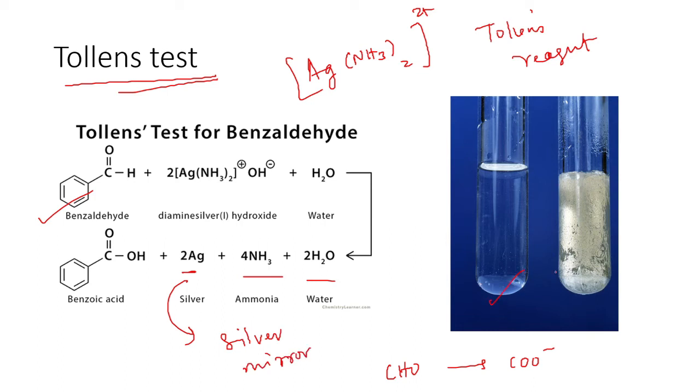See, this is the colorless solution, and when you add [Ag(NH3)2]+ to it, a silver mirror will be formed. This is after placing it in a cool bath. After placing it in a cool bath, the silver mirror will be formed, and again this is a precipitate and even a color change, so you can easily identify that this is an aldehyde and that is not an aldehyde.